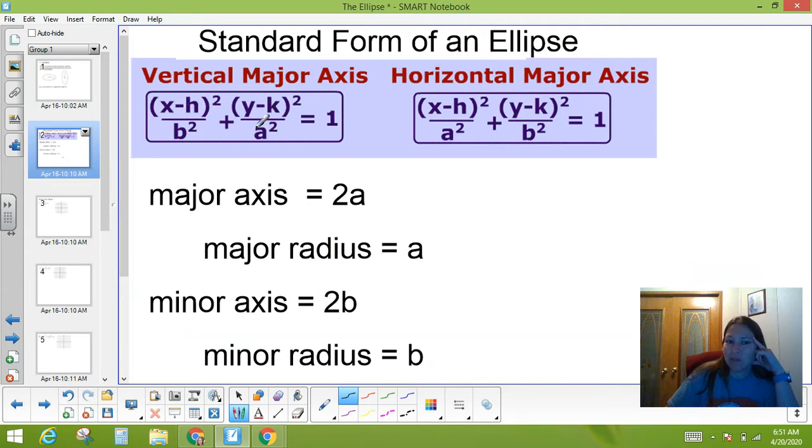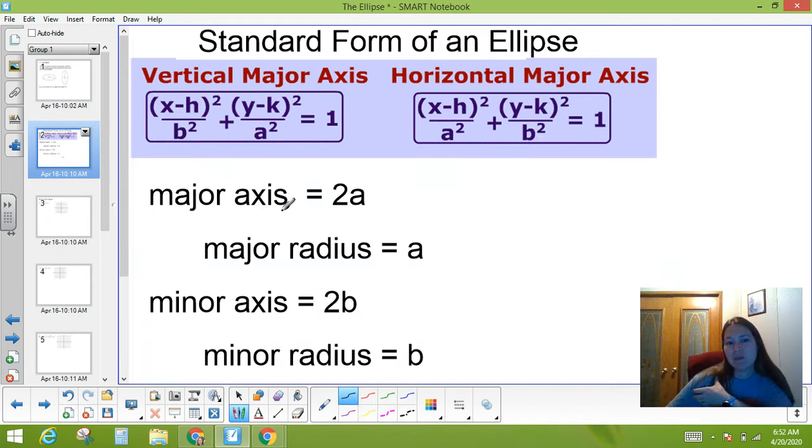This a and b are just numbers squared, like 2 squared, so 4, or 3 squared, so 9, whatever. Whichever one of them is bigger is the one that's considered the major axis, the longer axis. If your major axis is your vertical axis, making it an up and down oval, then the bigger number will be under the y. If the major axis is the horizontal, then the bigger number will be under the x. So these are the same equation. It's just a matter of who has the bigger number underneath them.